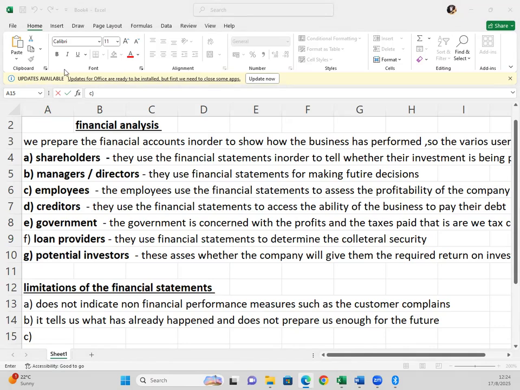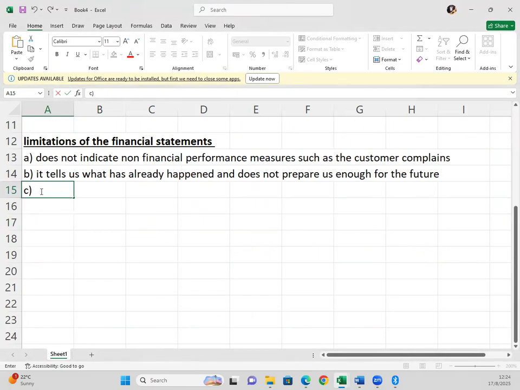Besides giving us historic information, let's move on. Financial accounting can be affected by personal bias, or we can say the accounts may be window dressed to portray a good picture.